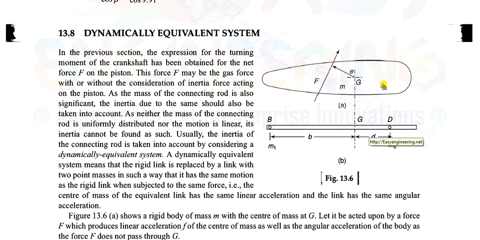So what we are doing is replacing this body with a 2-point mass, in such a way that it has the same motion as the rigid link when subjected to the same force. So when this body is subjected to force F, this 2-point mass system should have the same motion under the same force.